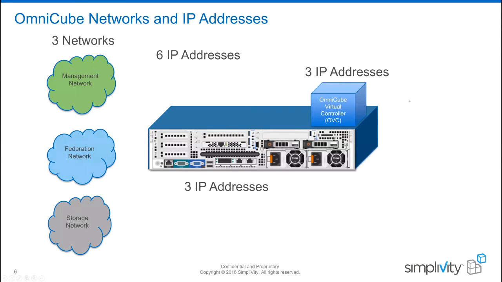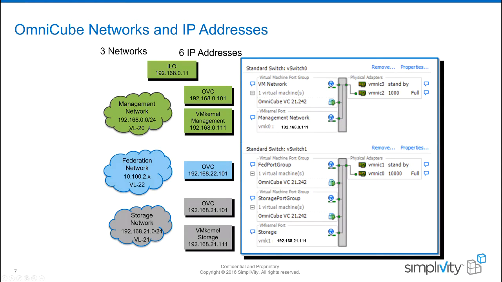As I was mentioning, there will be a total of 6 addresses per physical node: 3 given to the physical server, and 3 IPs given to the OmniCube virtual controller. You can see how that distribution happens here.